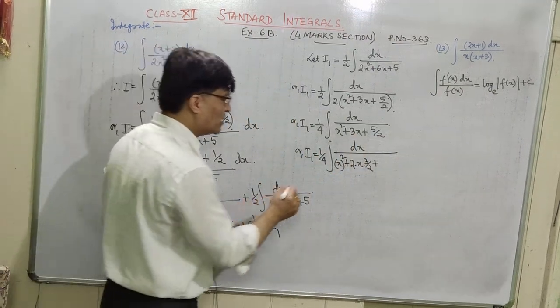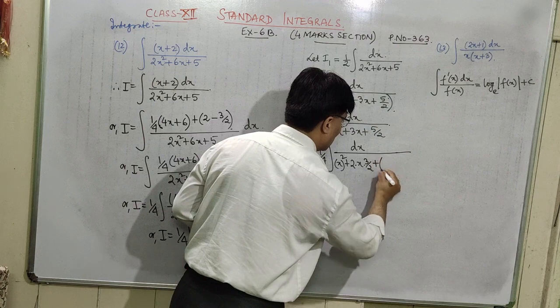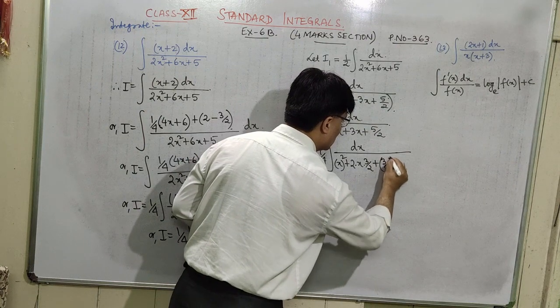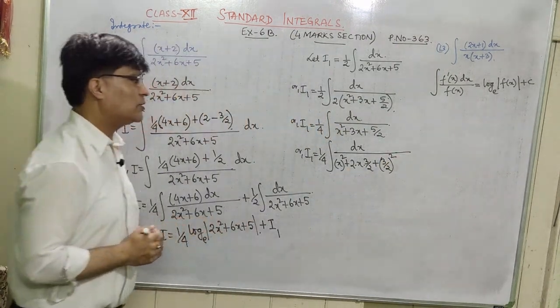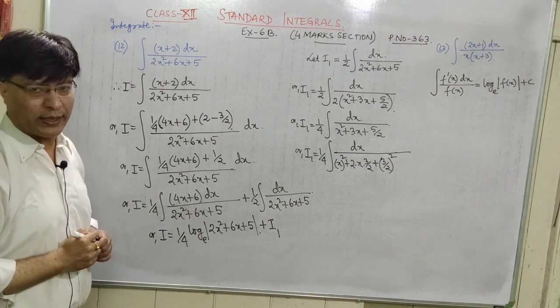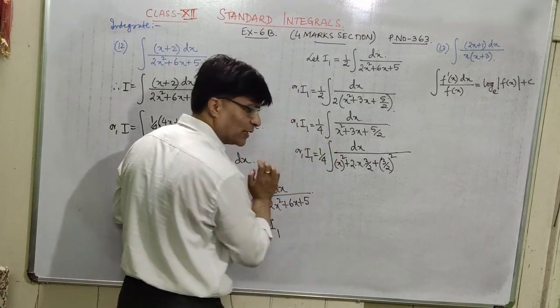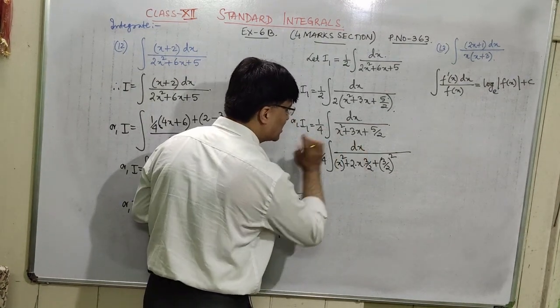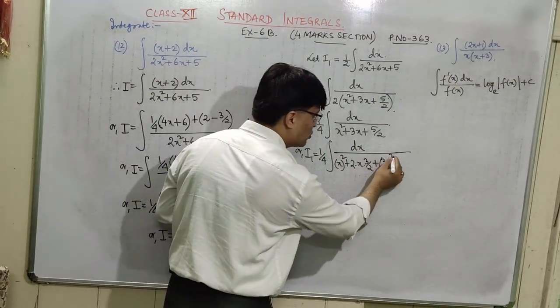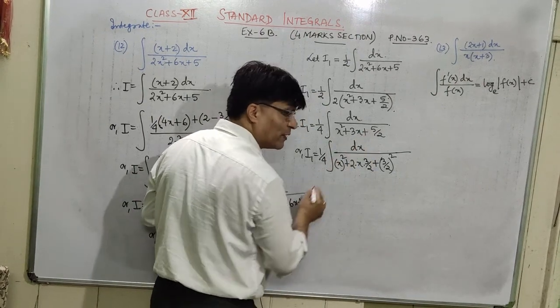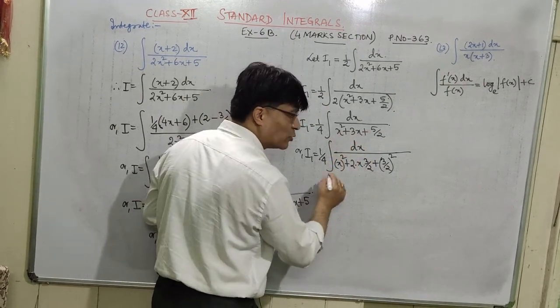Plus, what is b whole square? It is 3/2 whole square. Is that understood? So now x square is correct, 2 gets cancelled, 3x is also correct. But what is 3/2 whole square? It is 9/4. Is there 9/4? No, only 5/2 is there.